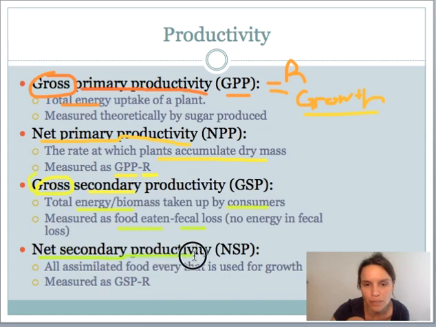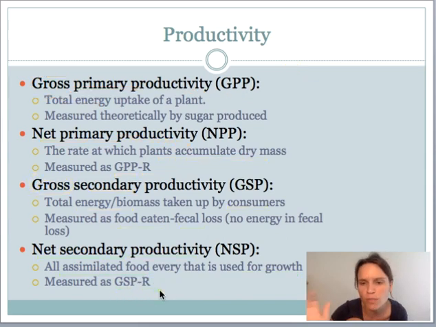Net secondary productivity is all assimilated food that is used for growth, and you can measure that as gross secondary productivity minus respiration. And those math equations get important because the IB does expect you to be able to do some calculations, and your homework assignment for this lesson is going to focus on some of these calculations, so keep those in mind.